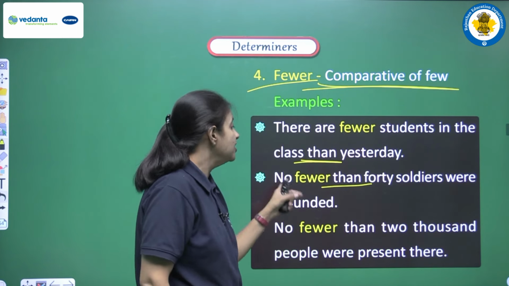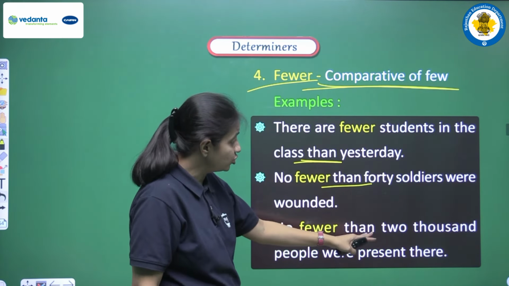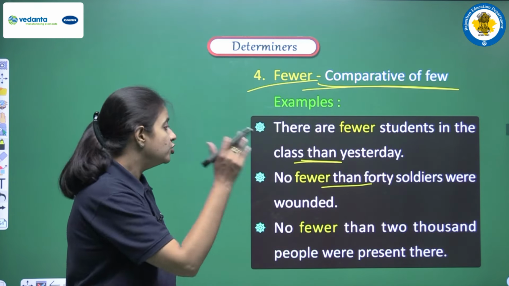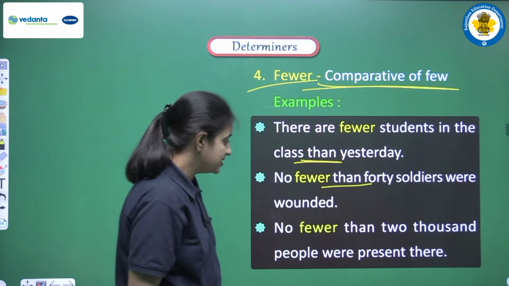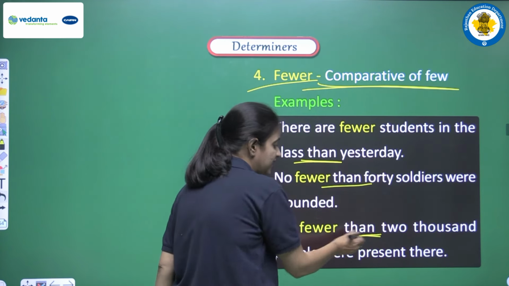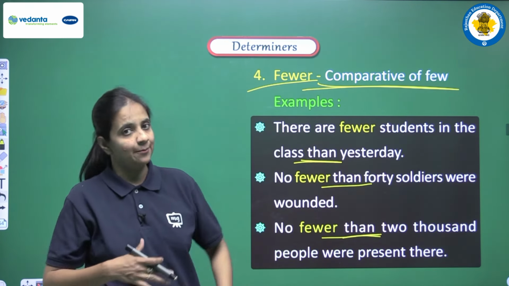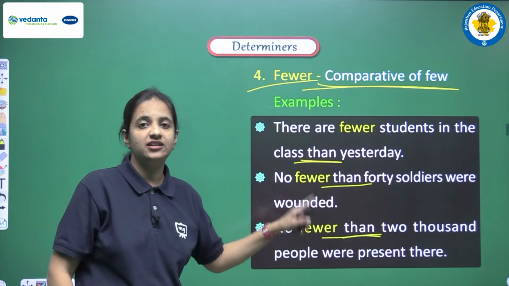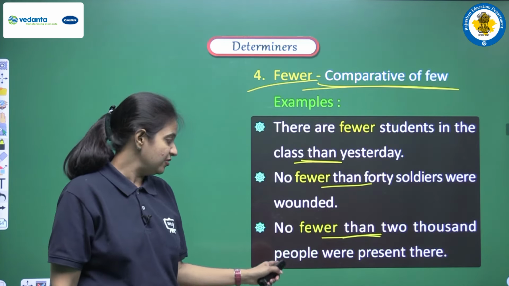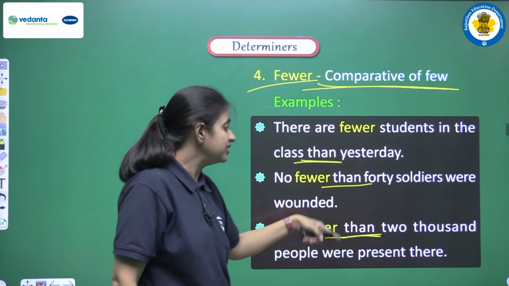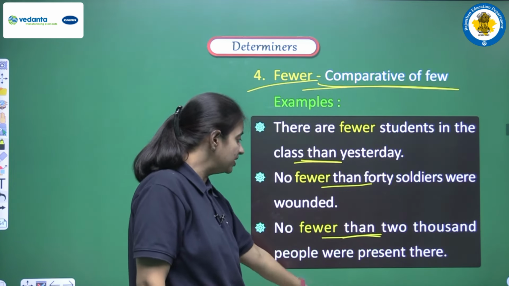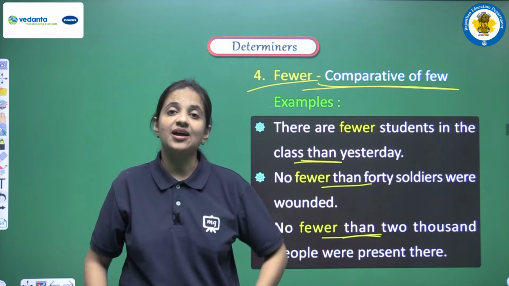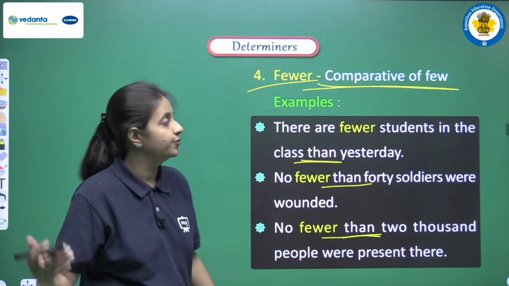Next is, no fewer than 2000 people were present there. Again we are having than, and this than shows comparison, and this is the reason we are using comparative form of few, that is fewer. So yes, fewer, it is a comparative form of few.